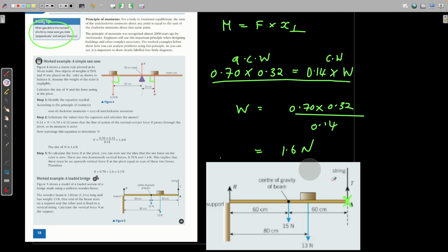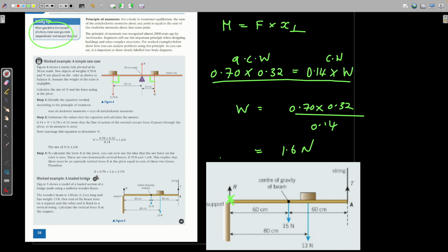If you took the pivot here at R, then you could calculate the tension. So you could do the moment due to this 15 force at 60, plus the moment due to this force at 30 newtons, must be equal to the moment of the tension. So you can make them equal and calculate the tension.